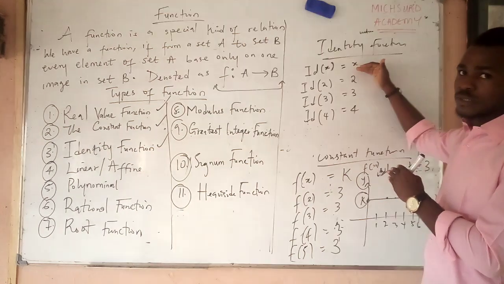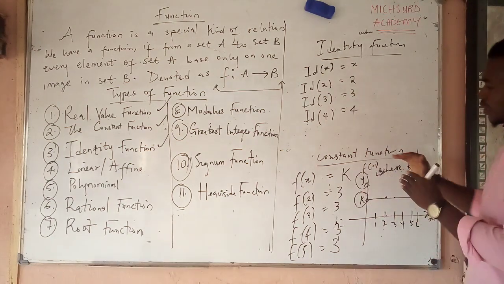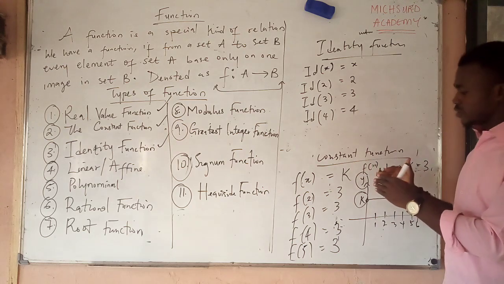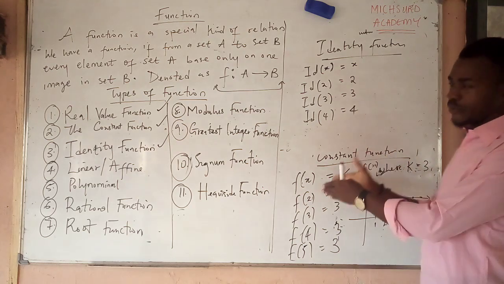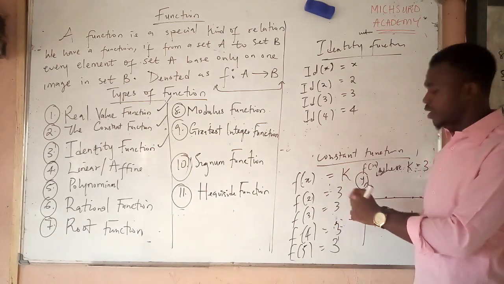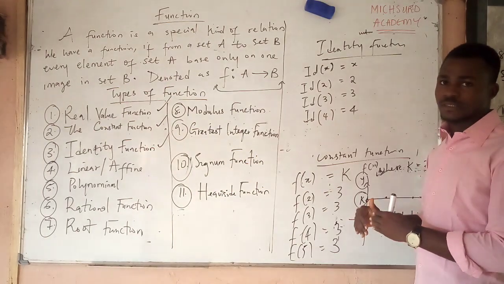So this one is quite different from the constant function. In the constant function, we can vary the input, but the output is constant.